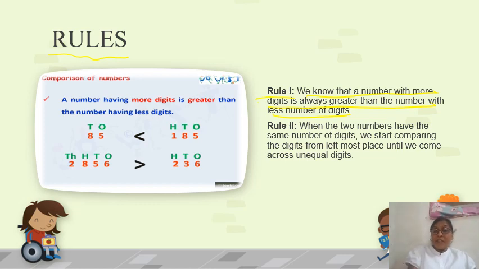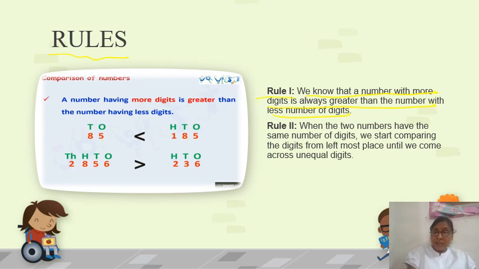Here, see in this image, the number is 85. Here the number is 185. The 2-digit number, here a 3-digit number. A 3-digit number is greater than a 2-digit number.